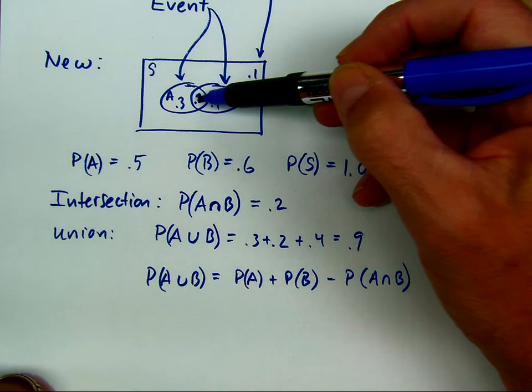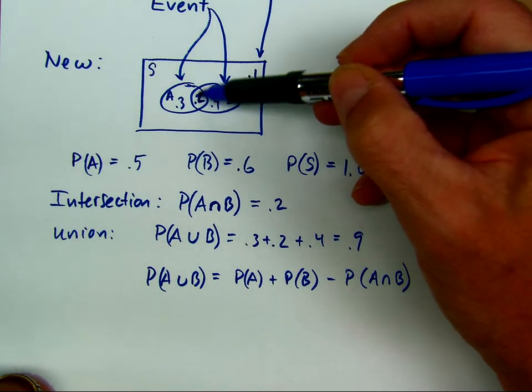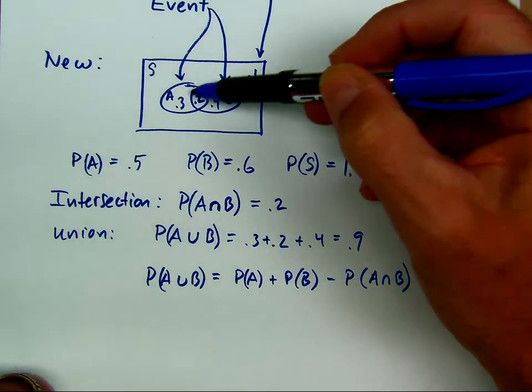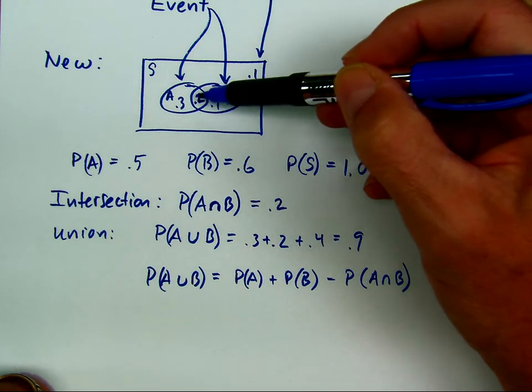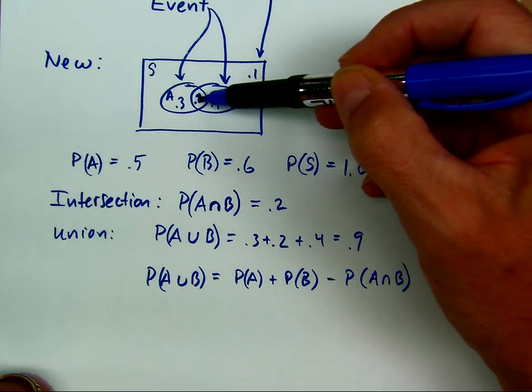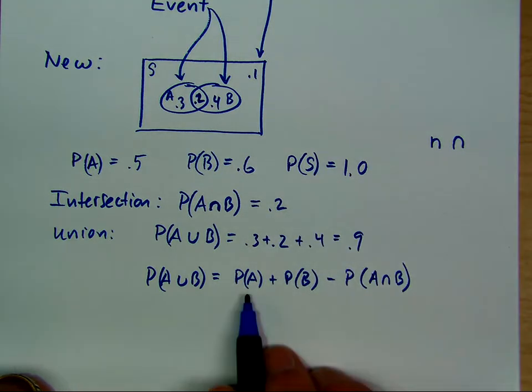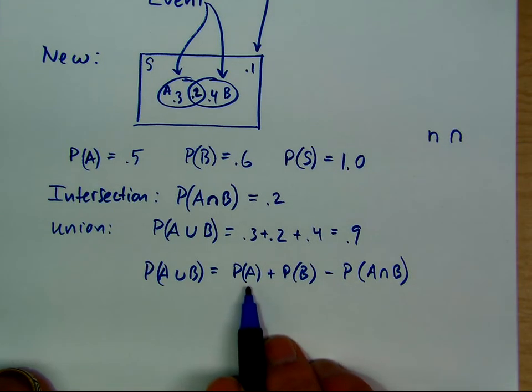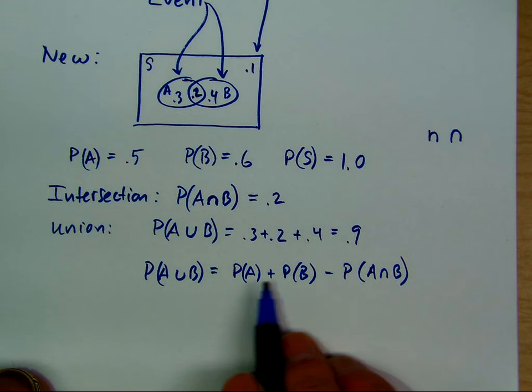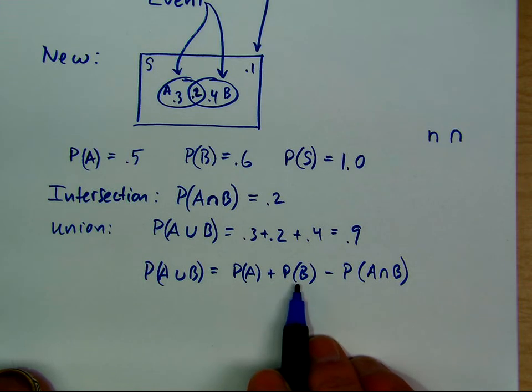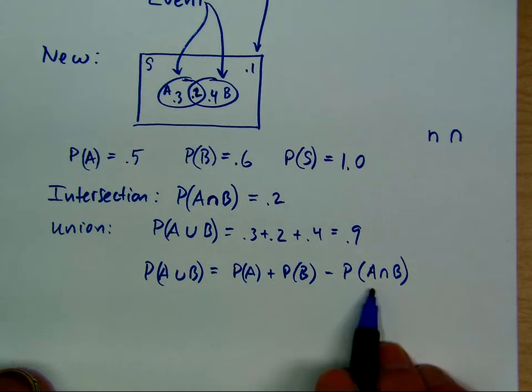I emphasized that we're subtracting one intersection because when we add all of A, we've added the intersection once. The intersection is part of A. And then when we add all of B, we're adding the intersection again, twice. So by looking at A, we include the intersection already, and B includes the intersection again. So let's subtract the intersection.